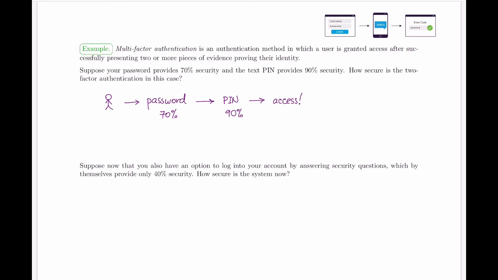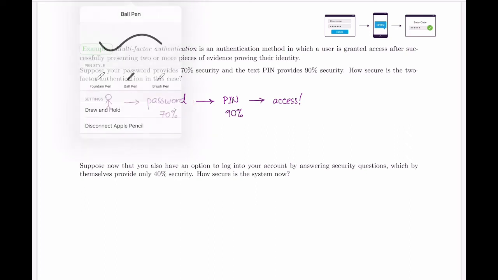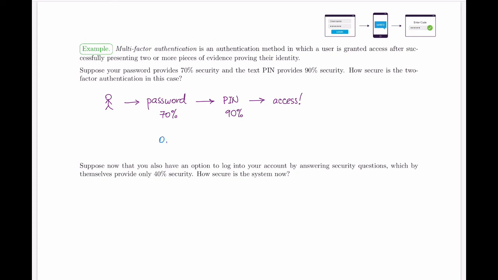If I'm the hacker, the chances of me guessing the password that has 70% security is 30% of the time I'm going to be able to somehow guess it or obtain it. And then consecutively, so multiplication principle at work here, I have to get a hold of the PIN, which is 90% secure, which means in 10% of the cases a hacker is going to be able to get through this.